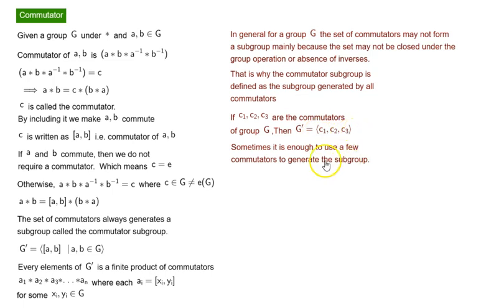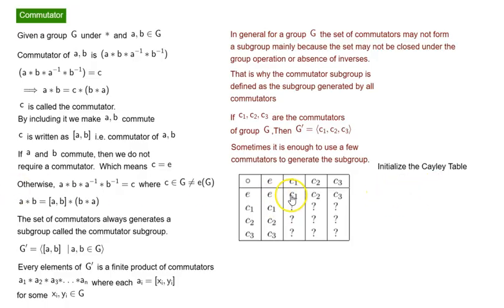C1, C2, C3 themselves do not form a subgroup along with E. So in such a case, let's see how we can form a subgroup. We initialize the Cayley table, something like this. So we have the group operation, with E, C1, C2, C3 as row and column headers.